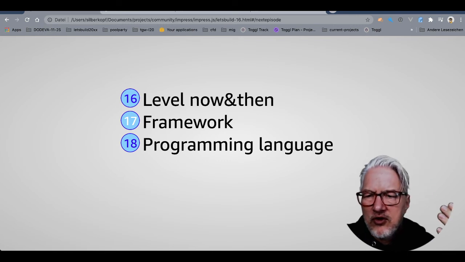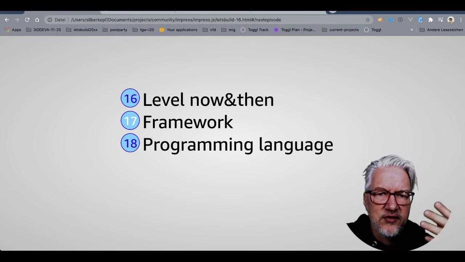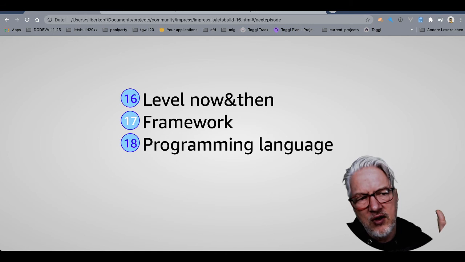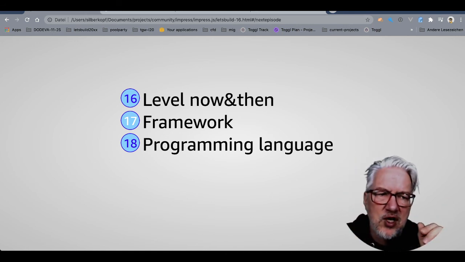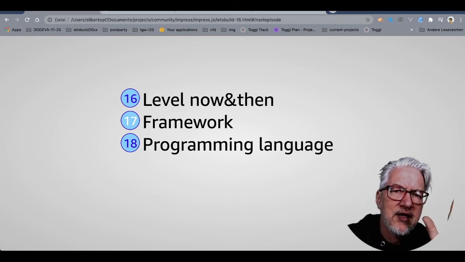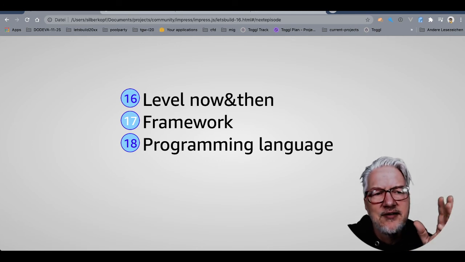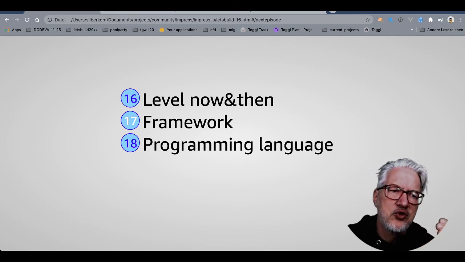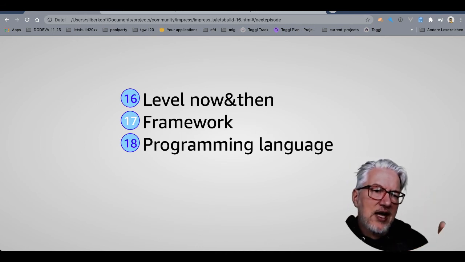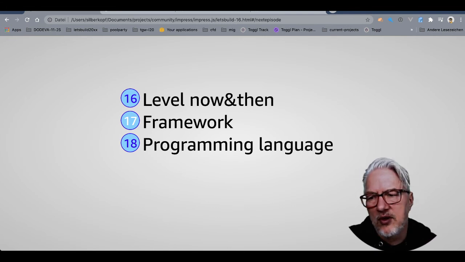And the choice should not be, oh, we have always done C#, and we have always used CloudFormation, so we will do serverless with C# and CloudFormation. No, I think it has very many advantages if you look at the different possibilities and choose the right thing for your code, because the frameworks have different strengths and weaknesses, and the programming languages also.